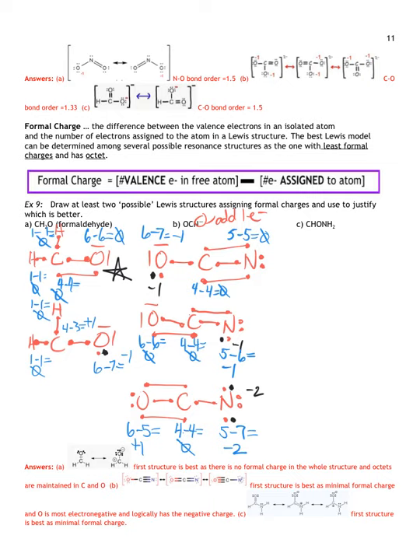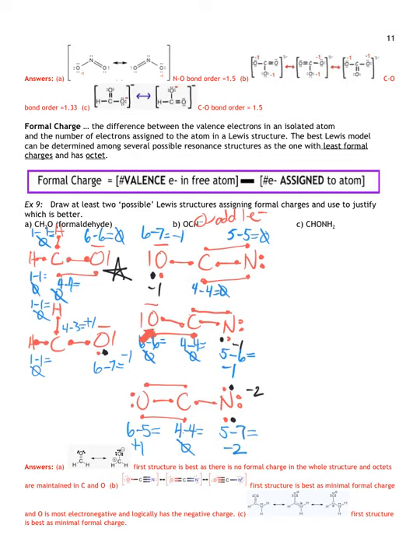So out of the 3 structures, which one is best? Well, I know that this structure has only formal charge around the most logical atom, which is the oxygen, which is more electronegative. In this structure, we have a formal charge on the nitrogen, which isn't as logical because the nitrogen is not as electronegative as the oxygen.